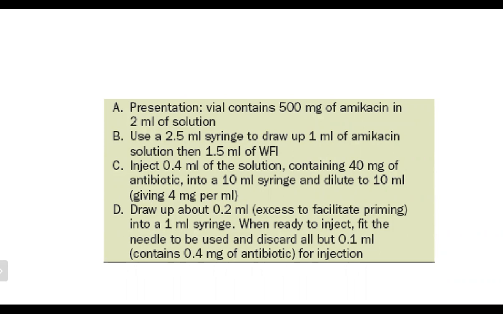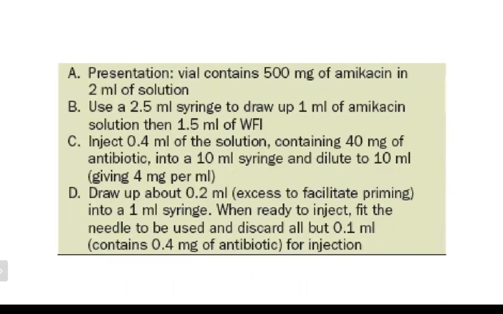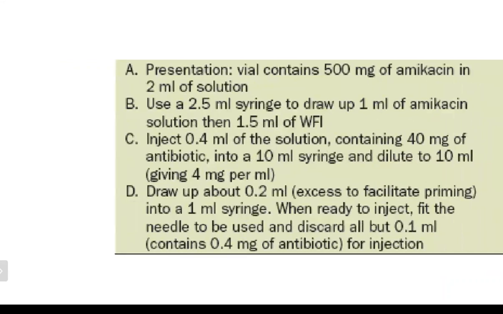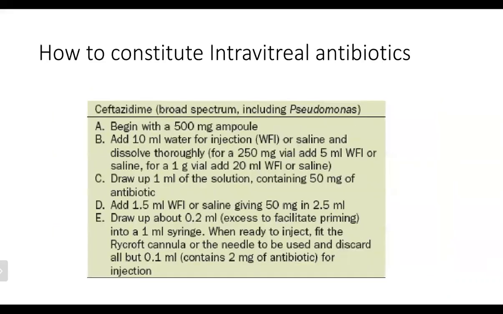And then for the ceftazidime, when you have a 500 milligram ampoule, you dilute it with 10 mils of water for injection or normal saline, dilute it well, and then you take 1 mil of it.